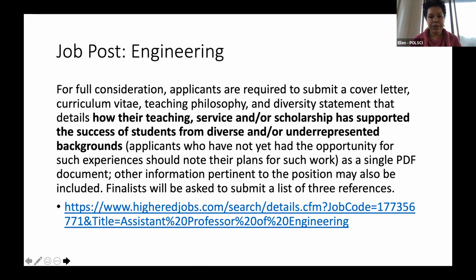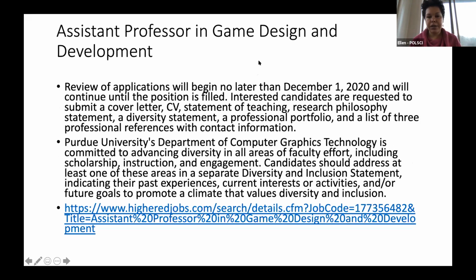So let's see just one more example here. From this position, they are looking for an assistant professor in game design and development. And they are asking not only for the diversity statement, but also you need to send a cover letter, your CV, your statement of teaching, your research philosophy statement, a diversity statement, and a professional portfolio.